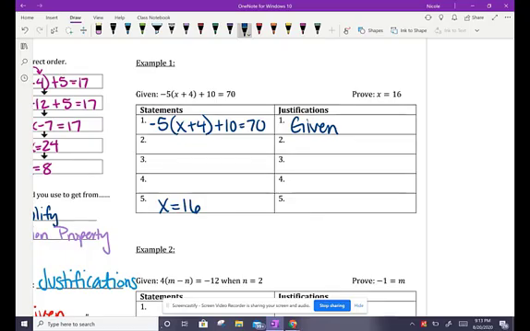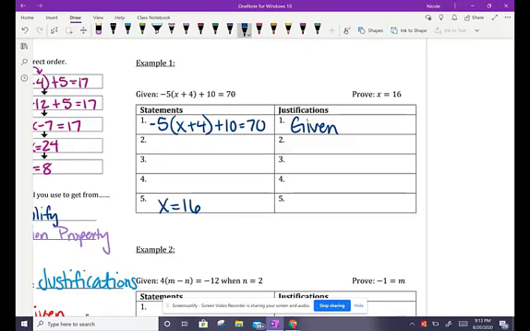And then my prove is not a justification. The word prove is not a justification, so I'm going to leave that blank. Now, mathematically, I'm going to go through and try to solve this. Now, there are some steps that may go in a slightly different order, depending on how you choose to go. That doesn't mean it's wrong or different from the way I do it. Some of them might be wrong, but some things can be flip-flopped or changed place.